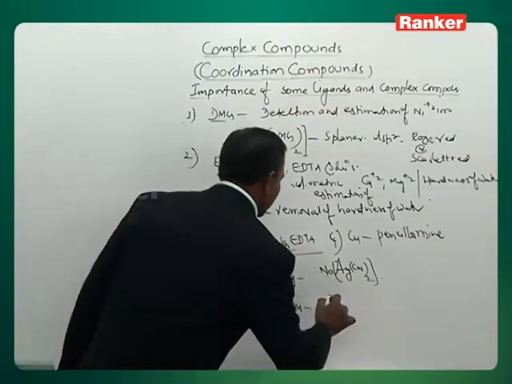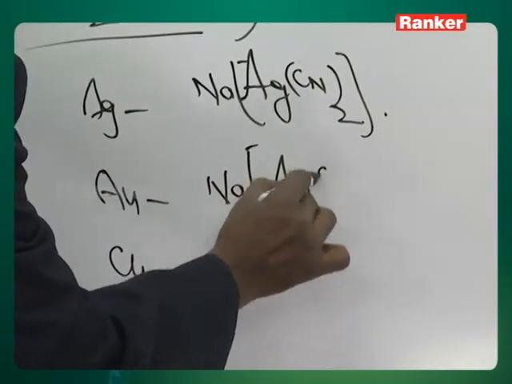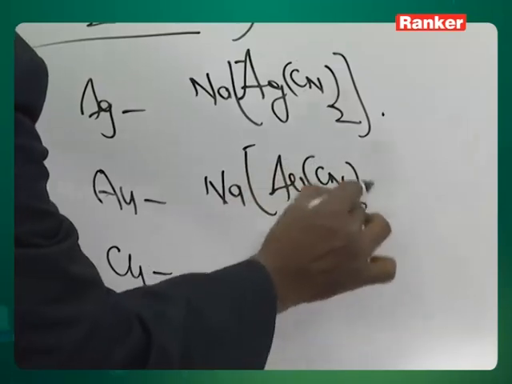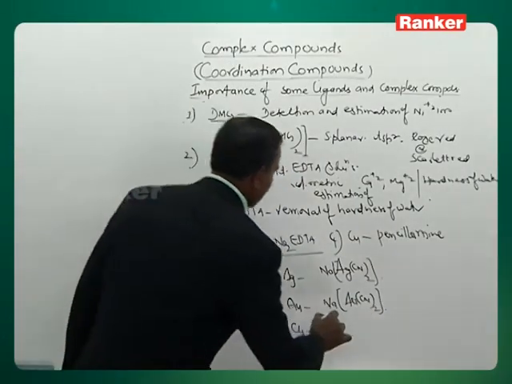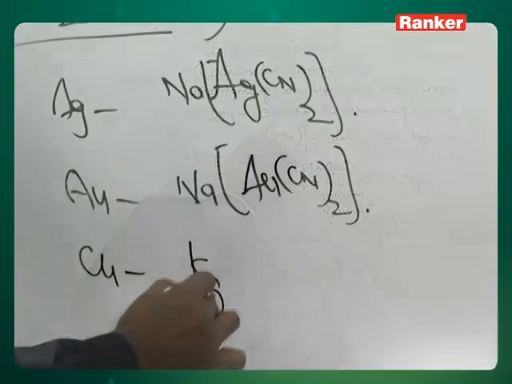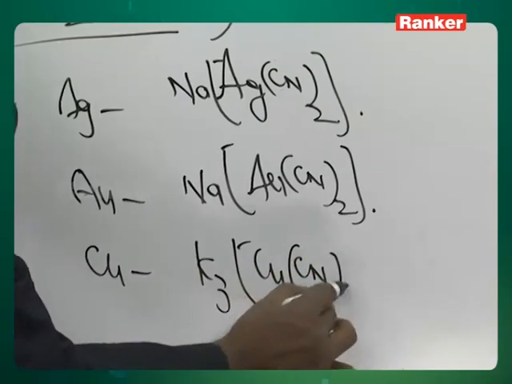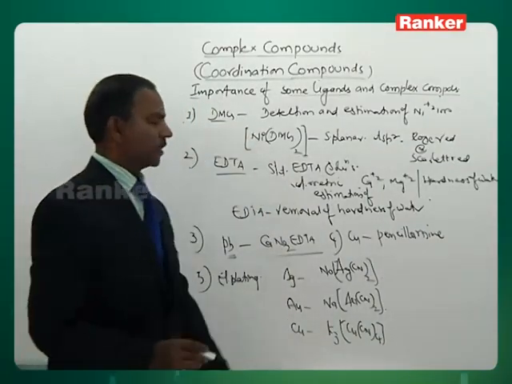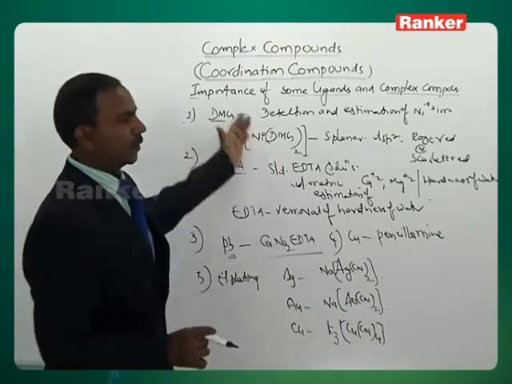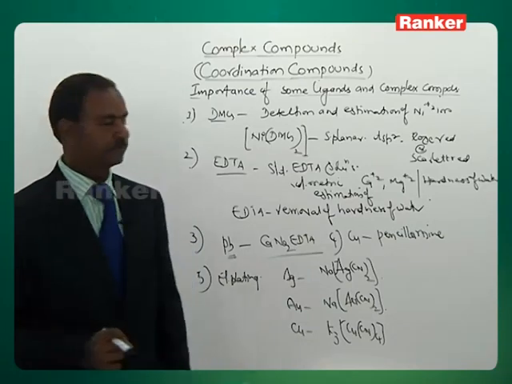Similarly, in the electroplating of gold, we use Na[Au(CN)2]. For the electroplating of copper, we use K3[CuCl4]. Remember, this is a copper 1 complex. These complexes are used for the electroplating of silver, gold, and copper.